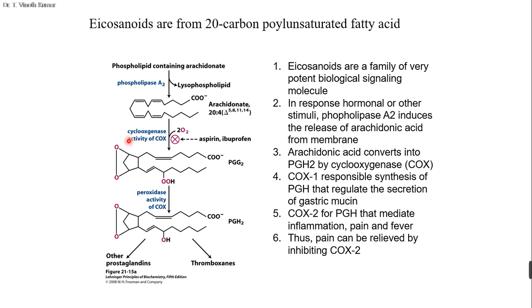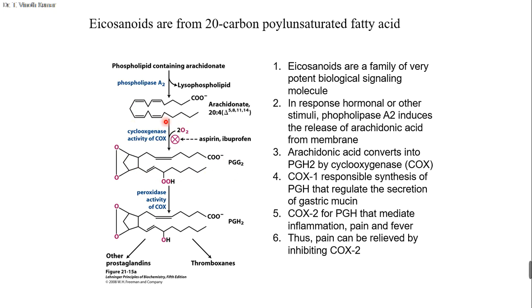By the cyclooxygenase activity of COX, 2 oxygen molecules are required here, and this enzyme is inhibited by aspirin, ibuprofen, all the anti-inflammatory drugs. Due to that, the COX enzyme activity, PGG2 is formed. This is PGG2 because 2 oxygen molecules are going to be attached with the ring, here.